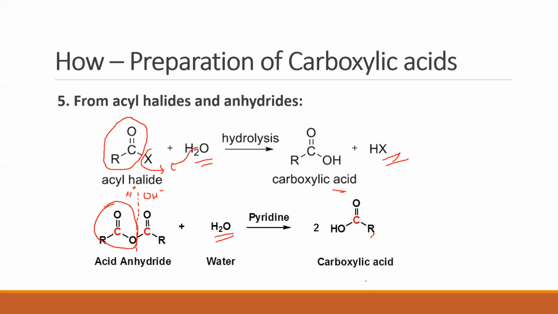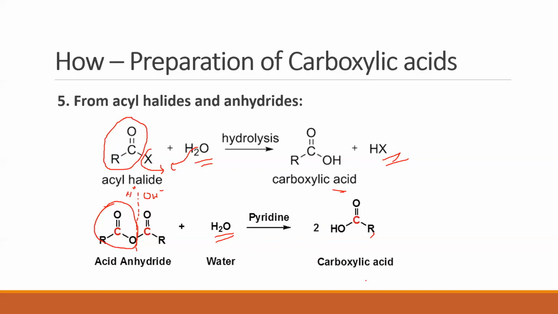So you get two carboxylic acids when you start with an acid anhydride, whereas with an acyl halide, you only got one carboxylic acid. There's a lot of homework in this lecture.